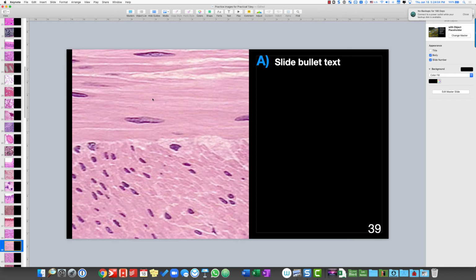Well, why do they look so different? Imagine that these smooth muscle cells are long and spindle-shaped. If you cut it across in its cross-section and then look at it from the side, it's going to appear like this. If you cut it longitudinally, it's going to be like this.